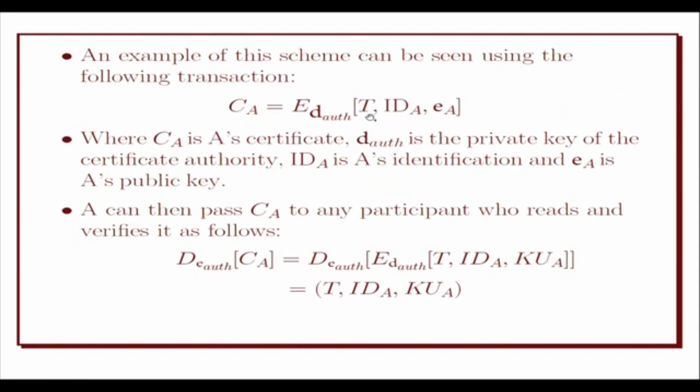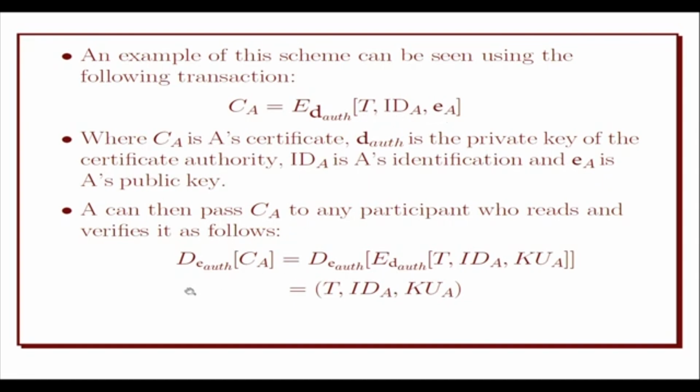So, this is the example. This is the timestamp, this is the ID of A, this is the public key, and this is digitally signed by the authority, so this is the certificate of A, and D auth is the private key of the authority. The authority is digitally signing this message, containing the timestamp, ID and public key of the participant.